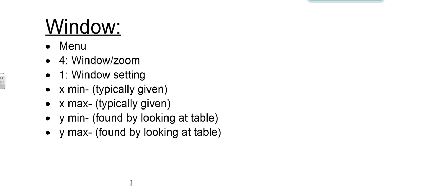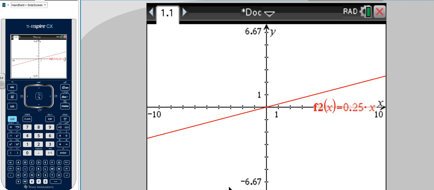In order to change the window, you're going to go to Menu, hit 4, which is Window Zoom, 1, Window Settings. X-min is typically given to you, as well as X-max, and then your Y-min and max you'll find by looking at the table.